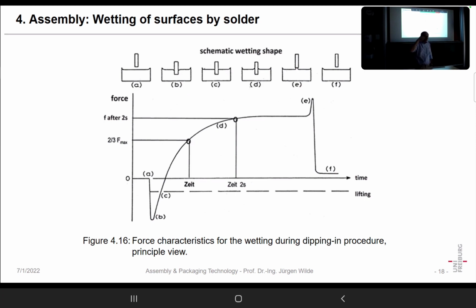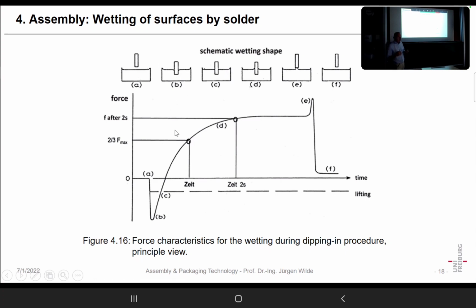That can also be a small droplet or so, but it dips it in. And the forces for dipping are measured. On top here, you have such a load cell to measure forces. So at a controlled rate, you dip it in.